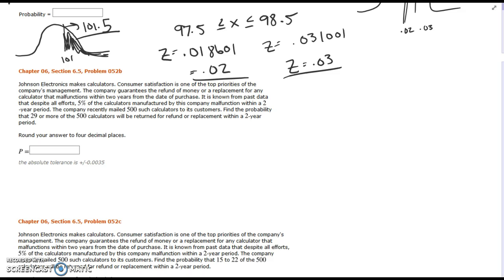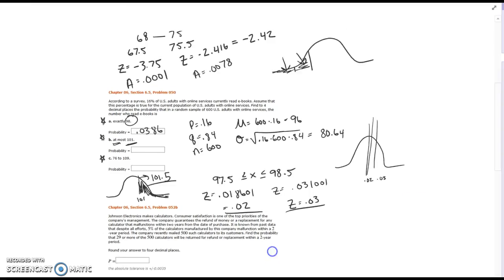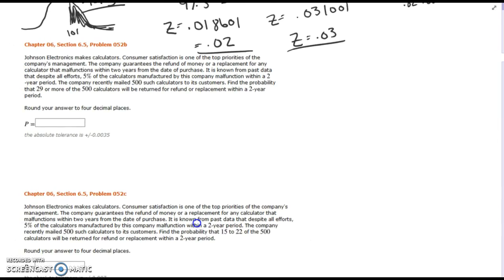You should be able to calculate the normal and the standard normal distribution from the information here.